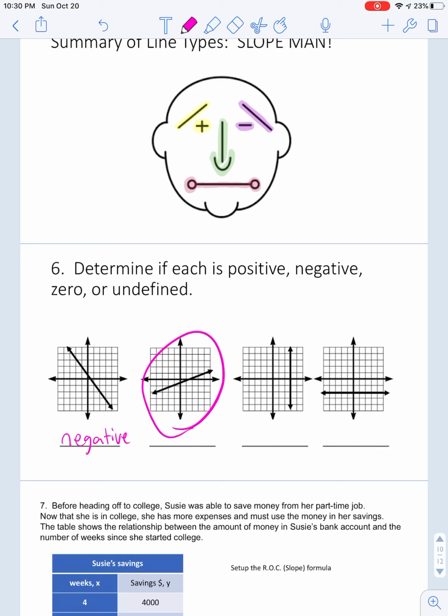The second graph matches this positive line, so I would say this is a positive slope. This third graph is going up and down, so I would call that an undefined slope. And finally, this fourth one is going horizontally, and we would call that a 0 slope.